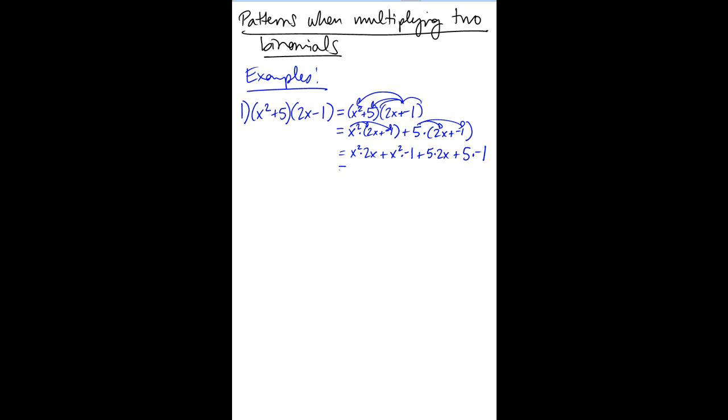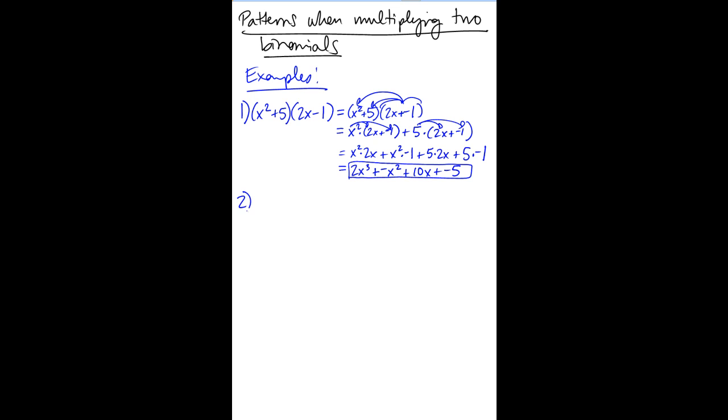And so what I get when I simplify all of that, x squared times 2x is 2x cubed. X squared times negative 1 is negative x squared. 5 times 2x is 10x. And 5 times negative 1 is negative 5. So I can write it like this, or if I prefer, I can go back and turn all of the plus negatives into subtraction. Either way is fine. So that's one example.